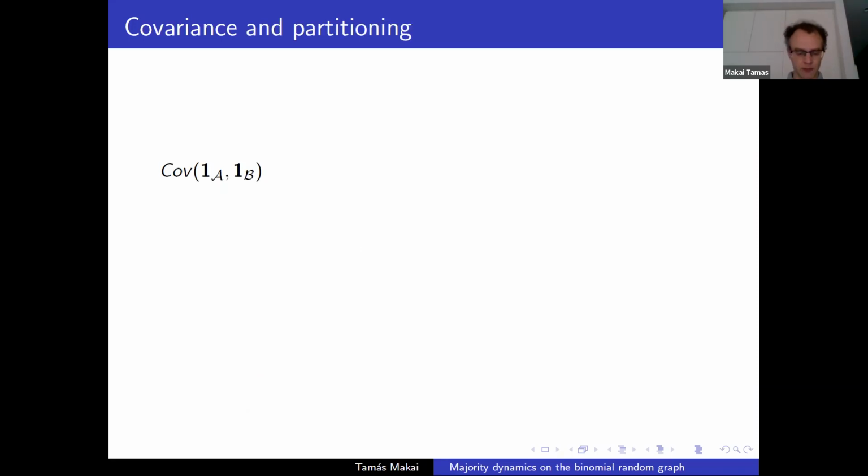So we're talking about the covariance of indicator random variables here. If we have two events A and B, we can express A and B as the disjoint union of events A_i and B_j.